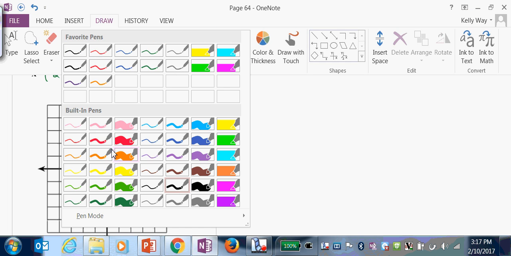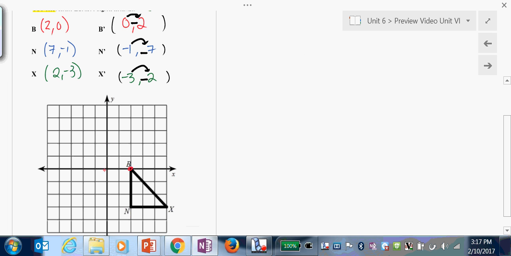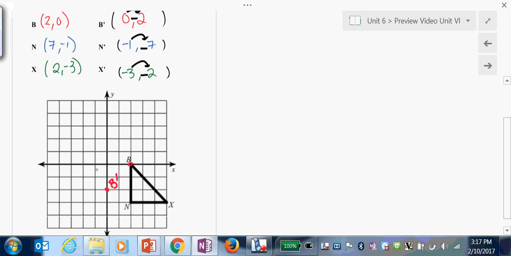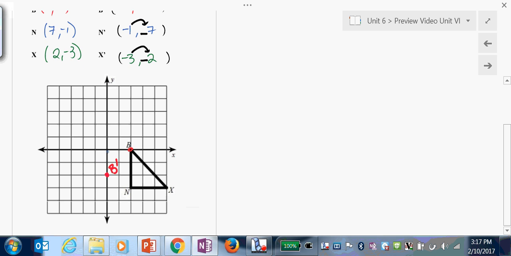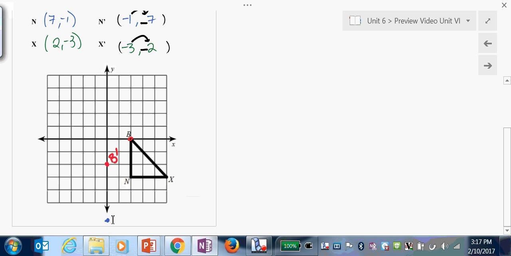Our new 3 points is going to be 0, -2. That is our sub B. And the next one is -1 and -7. So yes, it flies off the graph just a little bit. Don't be afraid if that happens.